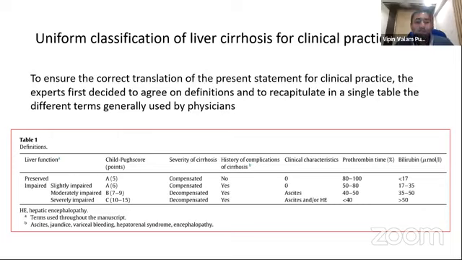And they use the Child score also. Child A with compensation has preserved liver function. Child A with some abnormality in prothrombin or bilirubin is considered slightly impaired. This is one simple way to classify patients with cirrhosis for the management aspect as well.